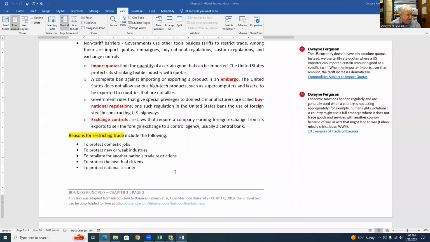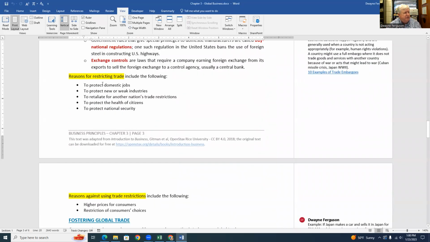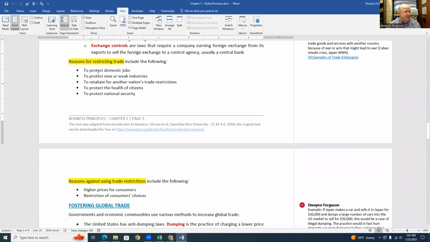Okay, so let's go back to the notes here. Here's some reasons for restricting trade. One is to protect American jobs. So you might restrict trade to keep our workers in a job and to protect the industry that they're in. Okay, you might use a quota or something to retaliate against something a nation is doing.